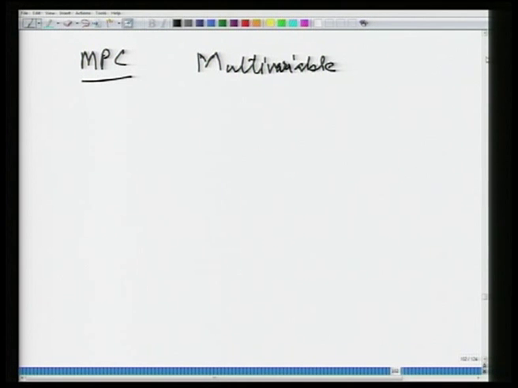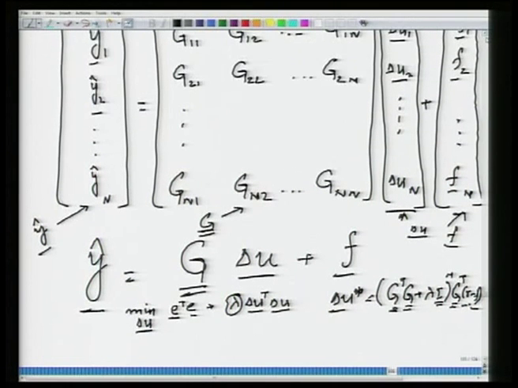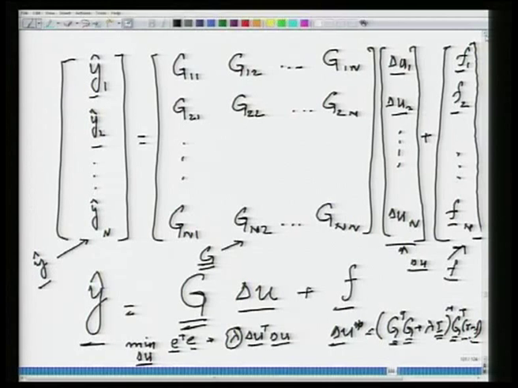Notice that when I am inverting this matrix, it has all the components in it, G11, G12, G21, G22, so this matrix takes care of the effect of U1 on Y1, U2 on Y1, U2 on Y2, and so on. And I am inverting this matrix.